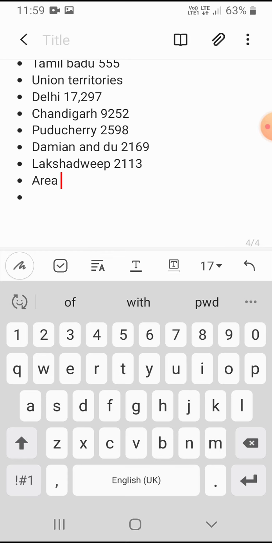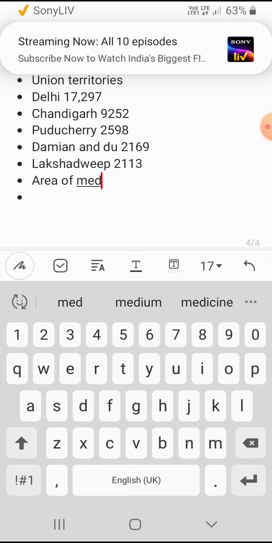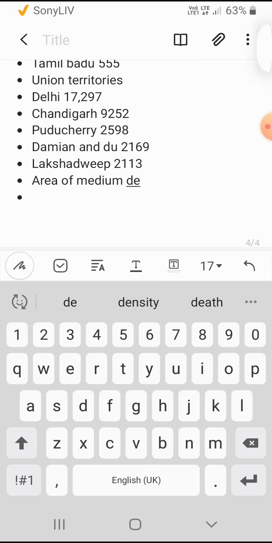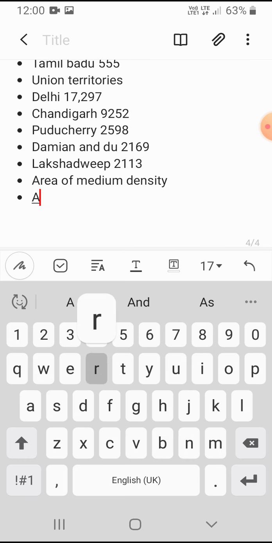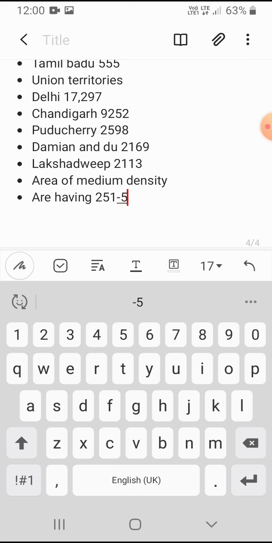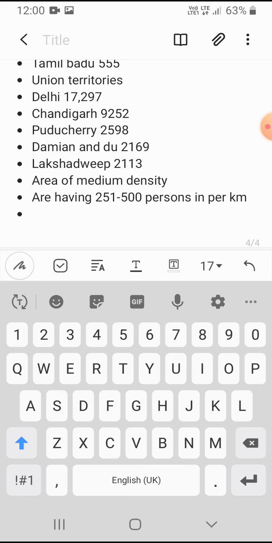These are areas having 251 to 500 persons per kilometer. If there are 251 to 500 persons per square kilometer, that can be said to be an area of medium density.